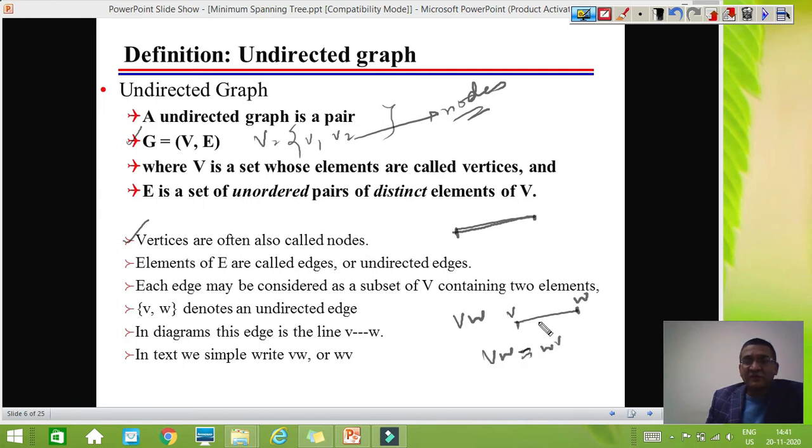It actually means that there is a path available from this node to this node, and we draw this with a line only, with no arrow. So just to revise, when we draw it with an arrow, this is used for the directed graph, and with a plain line, this is used for the undirected graph, and we simply write VW or WV, both having the same meaning.